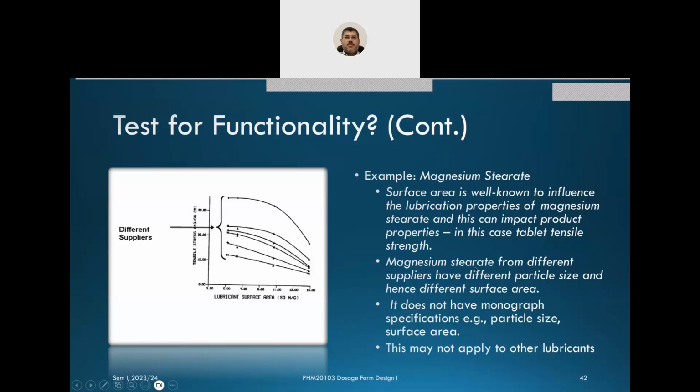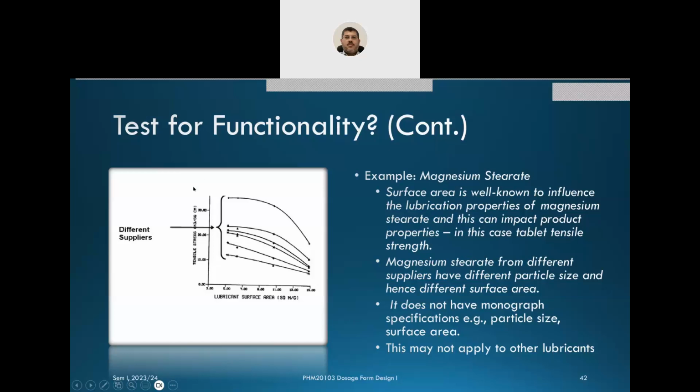Okay, magnesium stearate from different suppliers, when I buy from different companies, has different particle size, and subsequently different surface area. Okay, when I look at the pharmacopoeia, in the monograph of magnesium stearate, there is no specification about particle size or surface area.